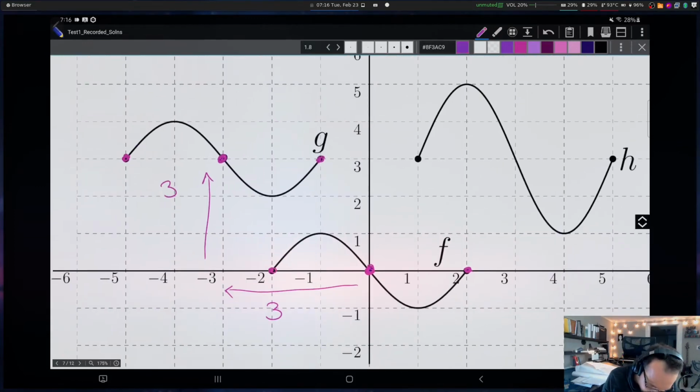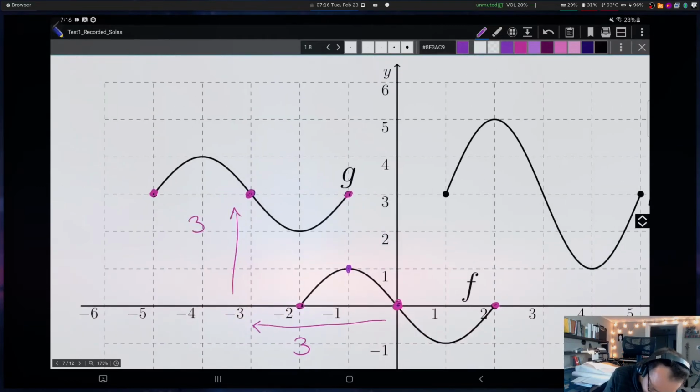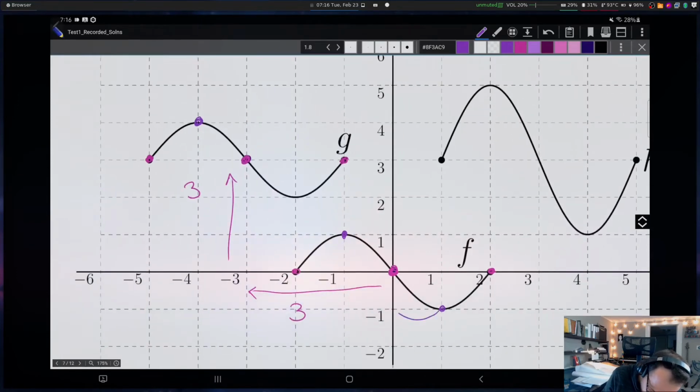How do I know if I need to do vertical scaling? Let's look at this point here. What happens if I shift it over by the prescribed amount? I actually land here, so that's good. And if I take this one here, let's do the same game: 1, 2, 3, 1, 2, 3. I land there.